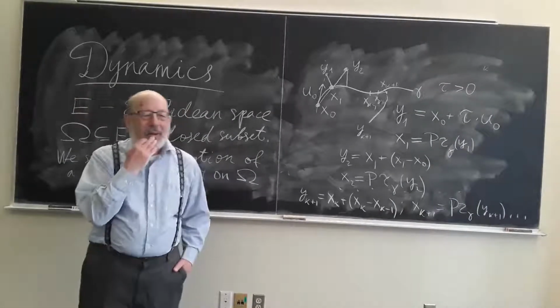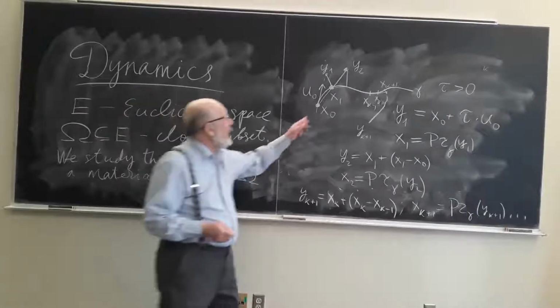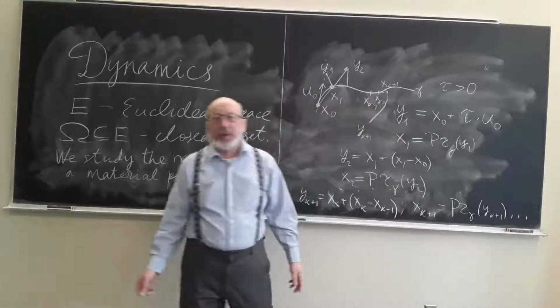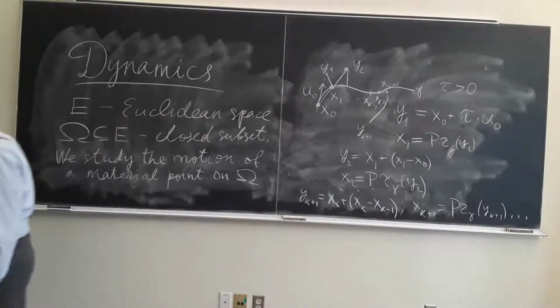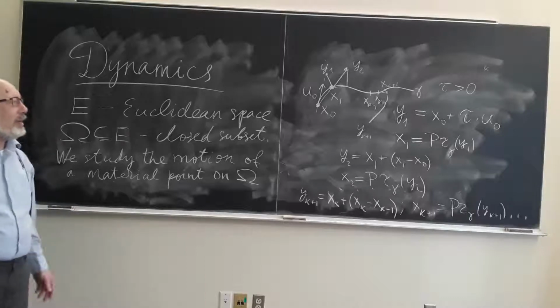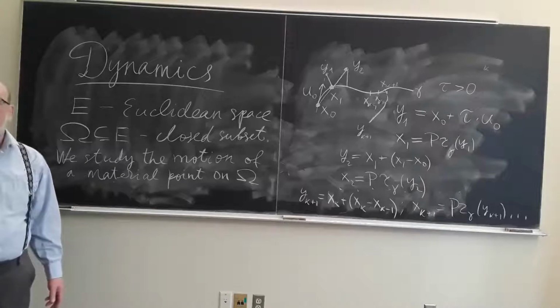Now, what is interesting here, what happens if this set omega is not a smooth curve, but something non-smooth? For smooth things, mechanics has a good apparatus to describe this motion. But what happens if it is non-smooth?